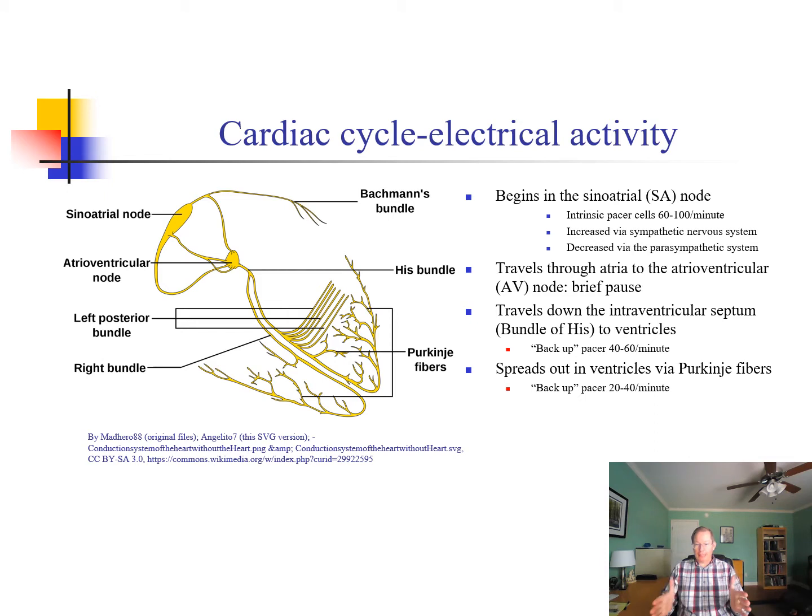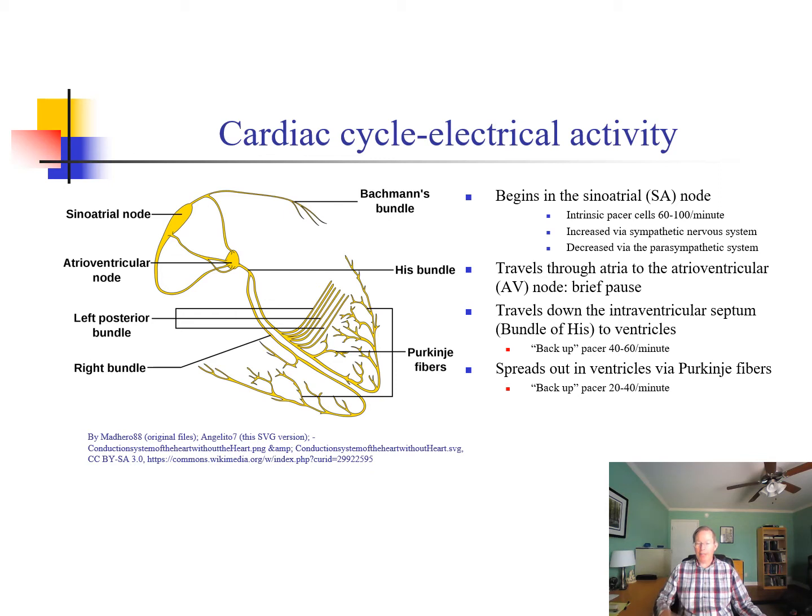That will then split into two portions. One will go to the left side of the heart, that's called the left bundle branch, and the other will go to the right side, that's called the right bundle branch. These bundle branches then go to the apex of each ventricle and fan out with the Purkinje fibers. And those Purkinje fibers then will also transmit that electrical signal. Now, along the way, these will cause depolarization of the myocytes and therefore contraction.